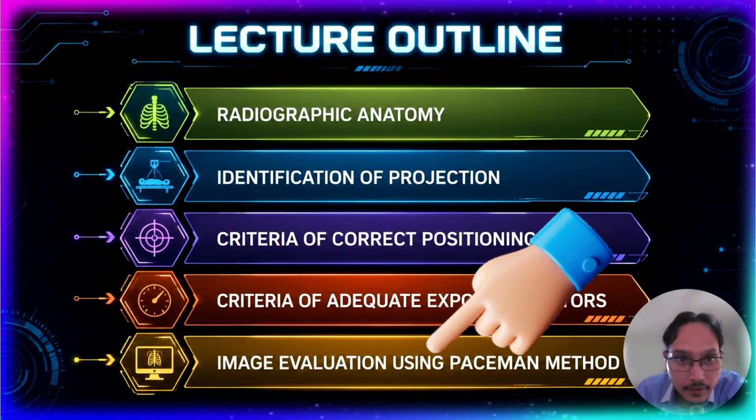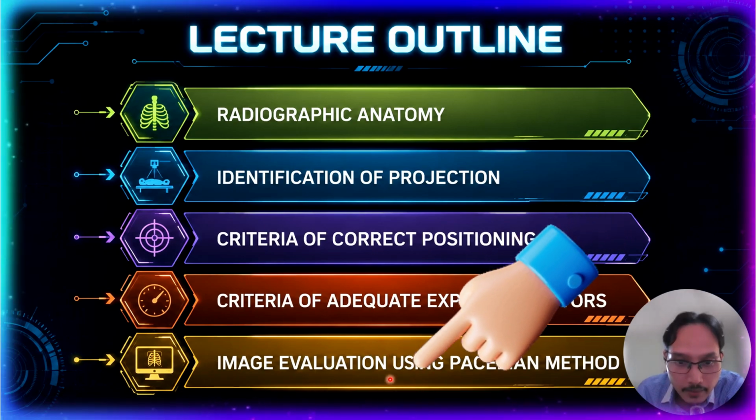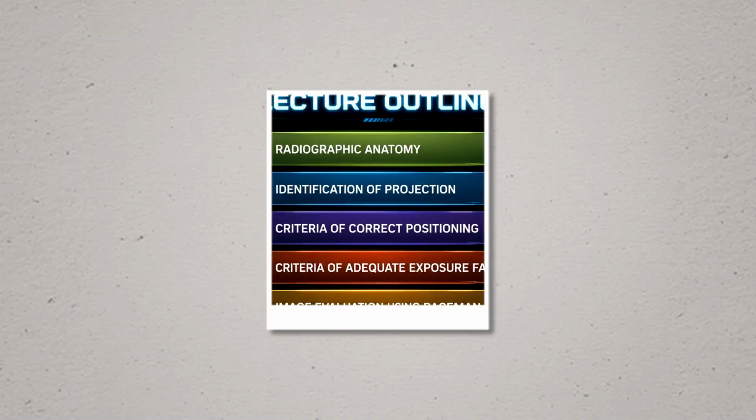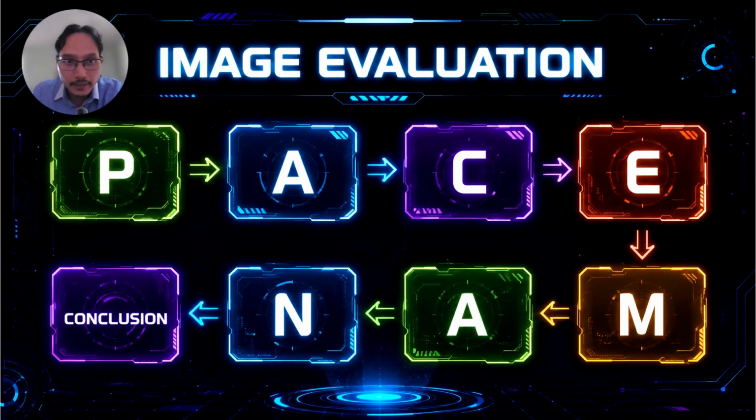Next is image evaluation using placement method. What is placement? Placement is a short form for projection and positioning, alignment, collimation, exposure factors, marker, aesthetic, and name.